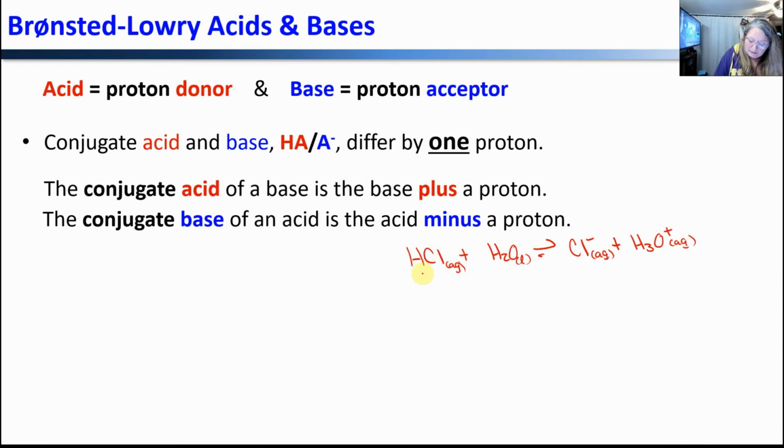My HCl is becoming my Cl minus, so this is a proton donor, and that is our Bronsted-Lowry definition of an acid. Cl minus is now on this side, and it can accept a proton, so now it's a proton acceptor.